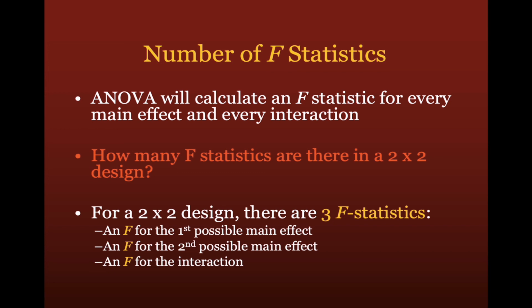One for the first possible main effect of the first independent variable, another for the possible main effect of the second independent variable, and a third for the possible interaction between those two independent variables. So if you run a 2 by 2 ANOVA, you will receive 3 F values, F statistics, to try to interpret.